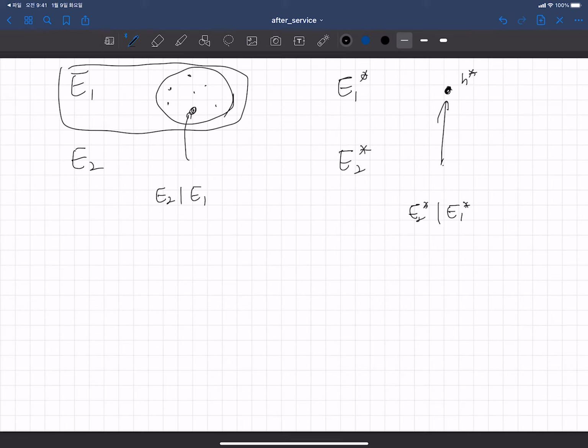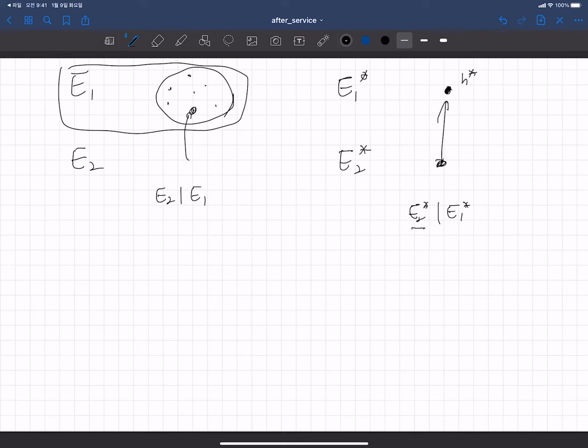Under the condition that H star satisfies E1, the difference between training and test error is at least epsilon for the first part of the training data. So we just considered this particular hypothesis.